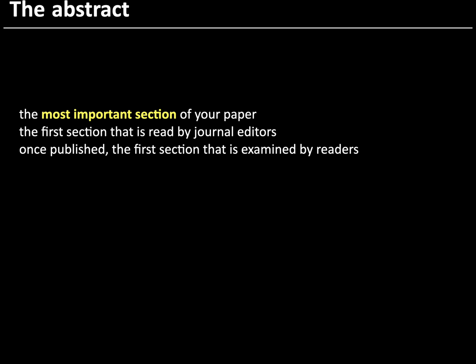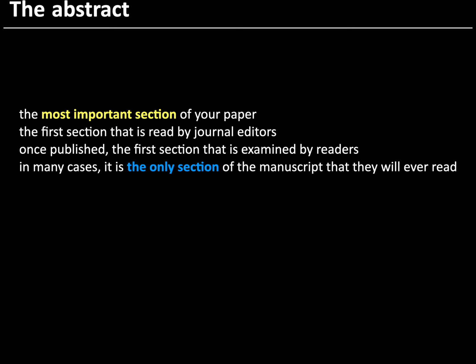Of course, I don't go to the technical part because it's difficult. And in many cases, it's the only section of the paper that will ever be read. So that's why you should pay attention to the abstract.